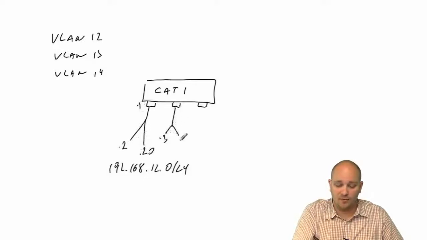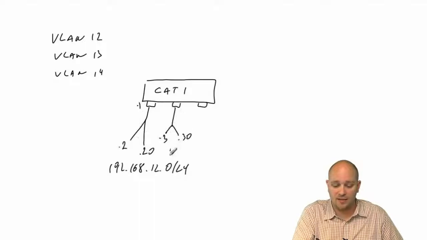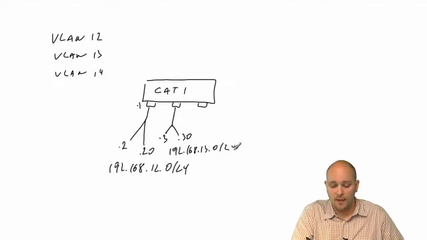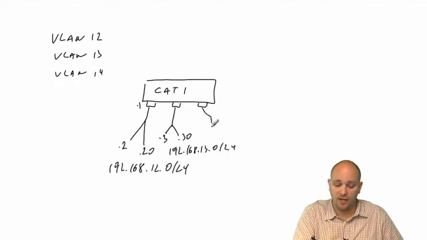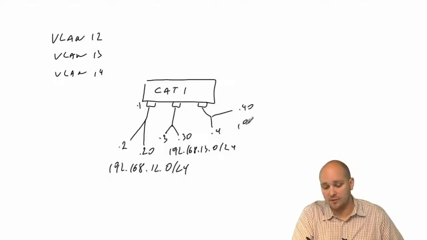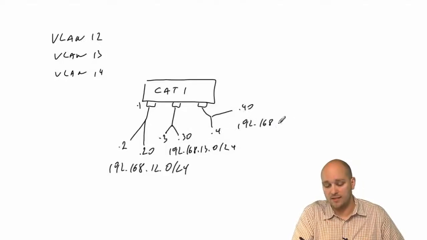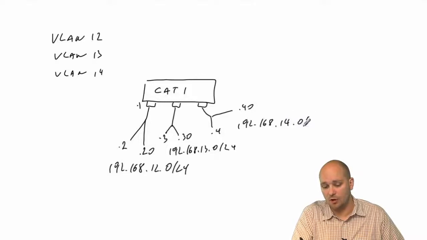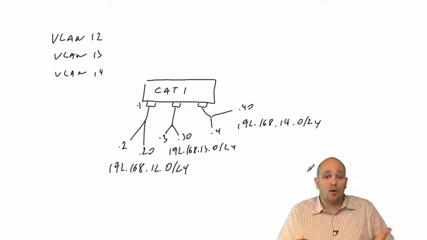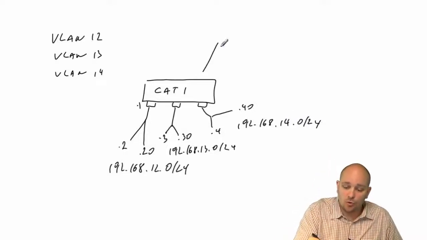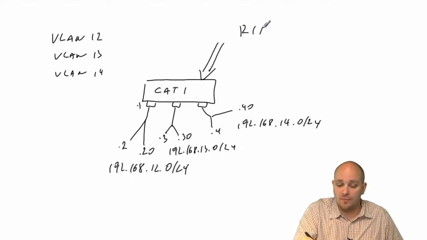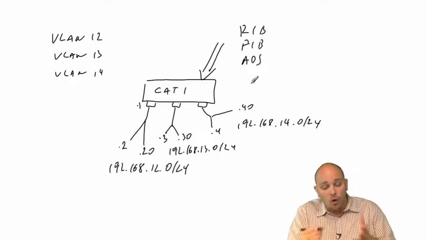I will have devices with 3 and 30, and this is going to be 192.168.13.0/24. And here for VLAN 14, I'm going to have a similar setup with 4 and 40, and this is going to be 192.168.14.0/24.